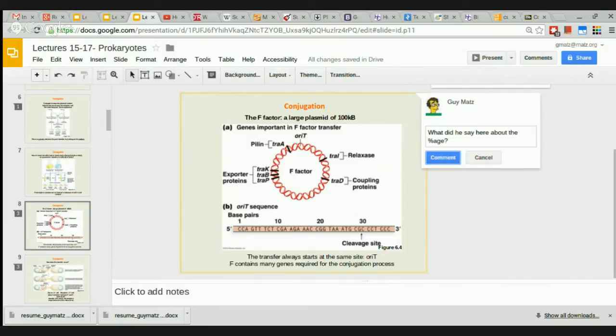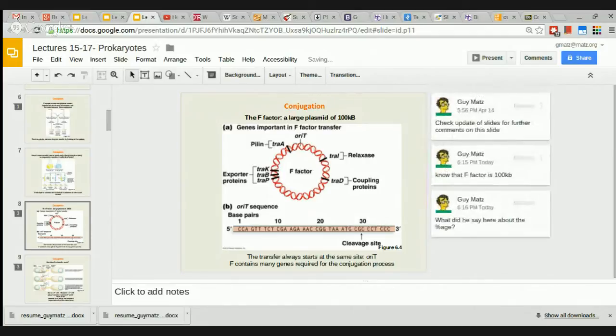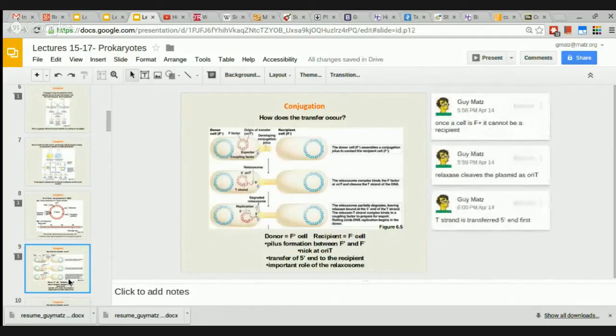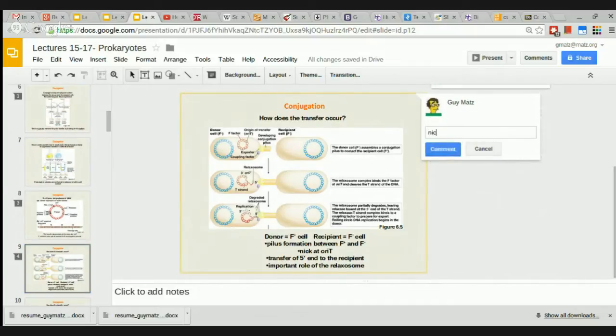See these couple of sentences that I said, you have to know that. It's not the 3' end that's being transferred. It's the 5' end. And it's not a double-stranded break, it's a nick. A nick is a single-stranded break, and it occurs at ORI-T.